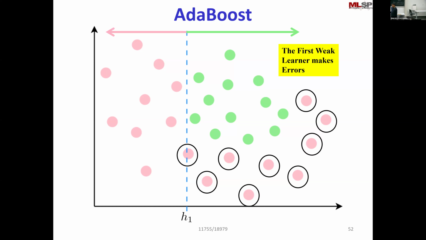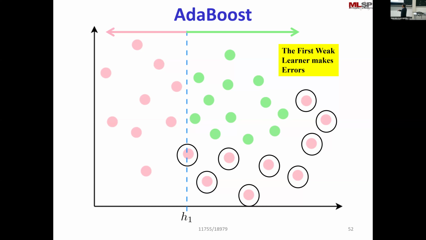What must the next classifier do? It's going to focus on these guys, correct? But can it ignore the ones that were correctly classified? Why not? Because it might be wrongly classifying the ones that the first one classified correctly, and then it can mess things up.